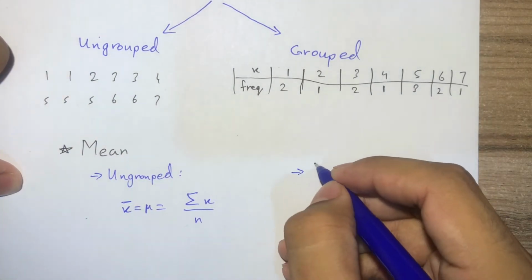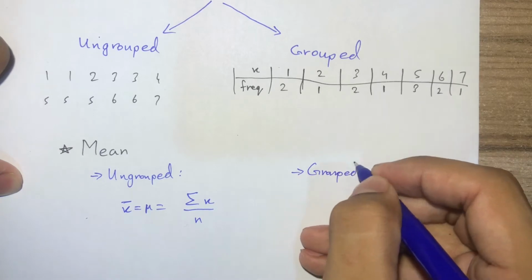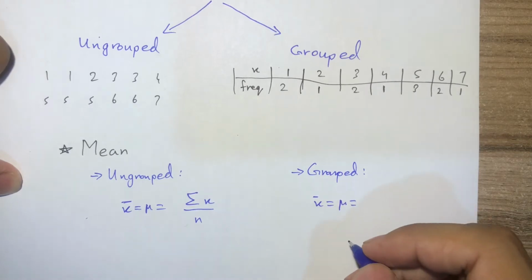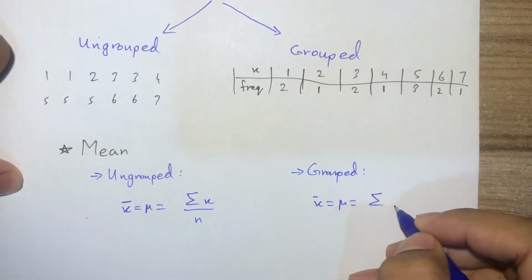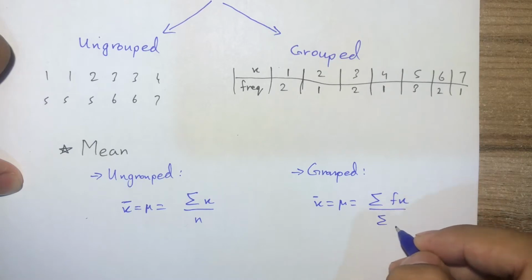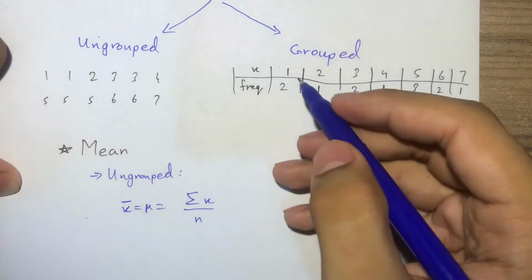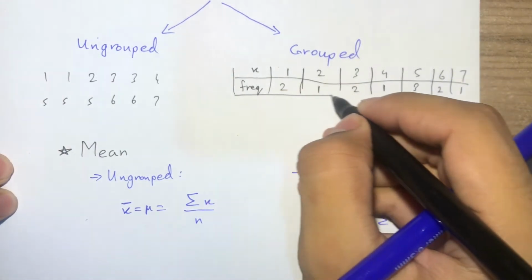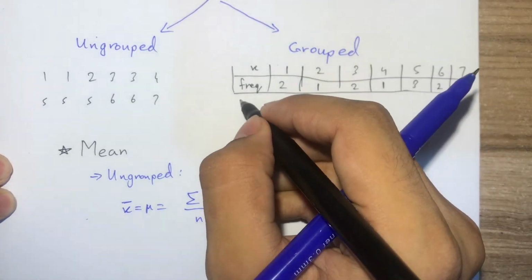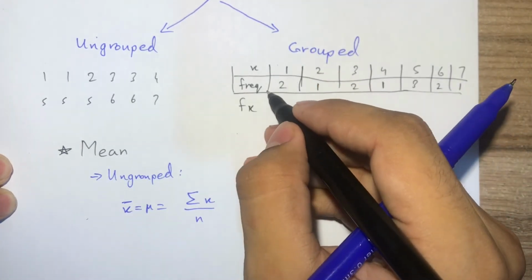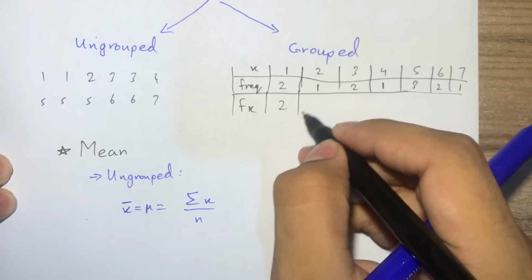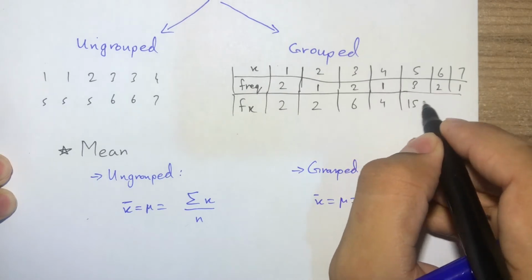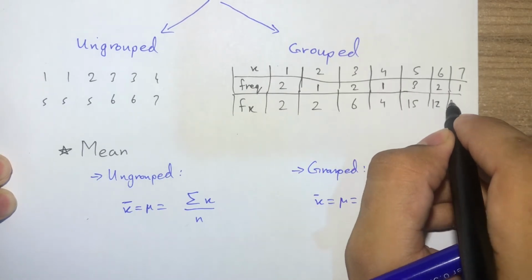Then for grouped data, x bar or mu, the mean, is equal to sigma fx upon sigma f. What sigma fx means is that if I make another row for fx, we'll have 1 times 2 is 2, 2 times 1 is 2, 3 times 2 is 6, 4 times 1 is 4, 5 times 3 is 15, 6 times 2 is 12, and 7 times 1 is 7.